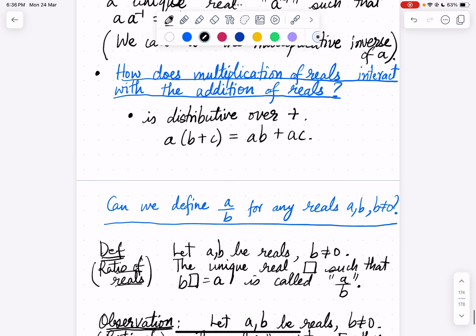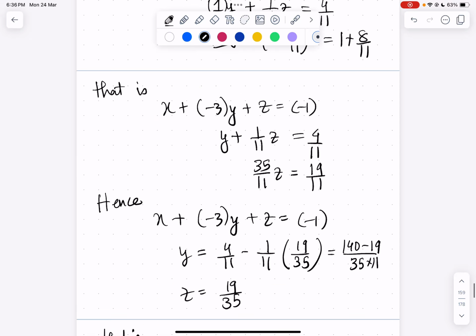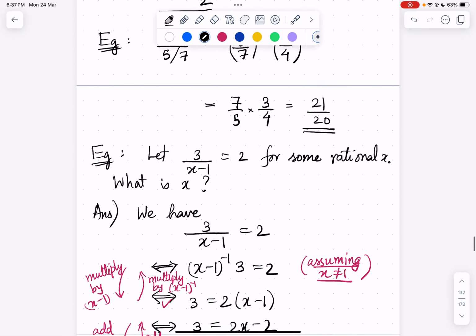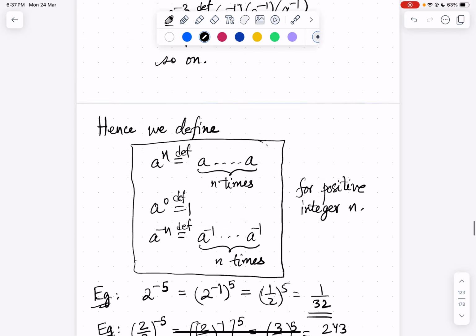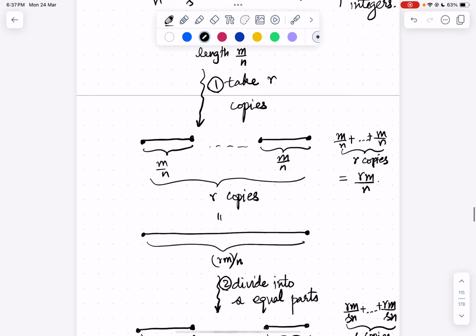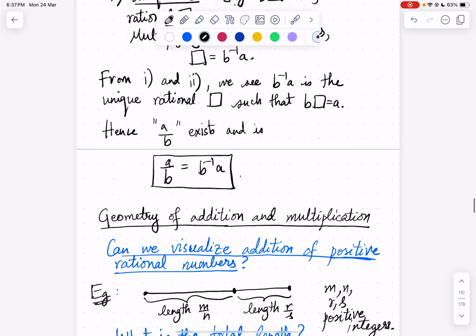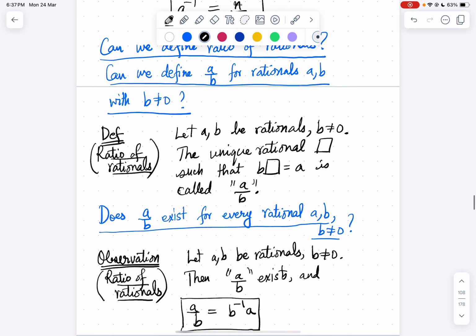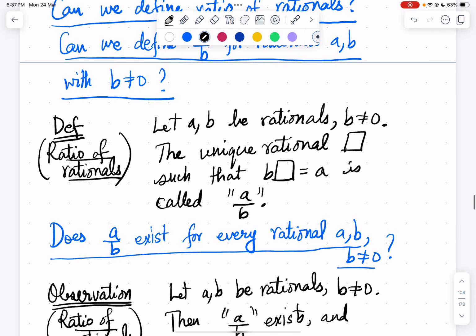For rational m by n, the multiplicative inverse was n by m, and for rationals a, b, b not equal to 0, the unique rational box such that b times box is a, we call that a by b.